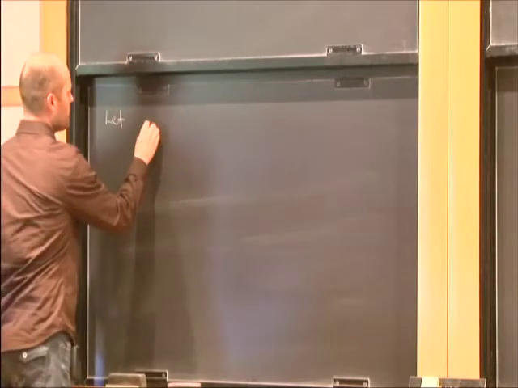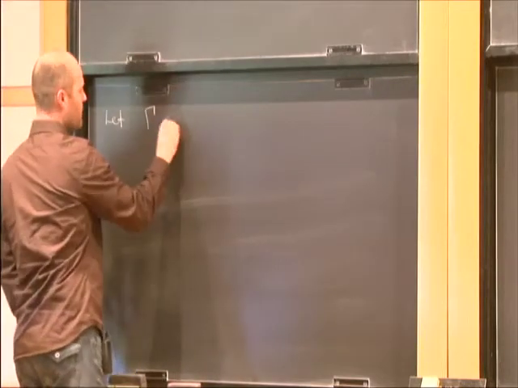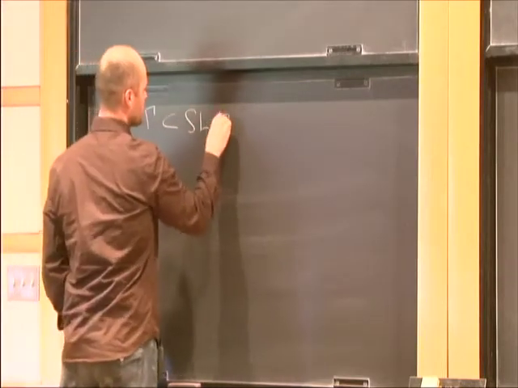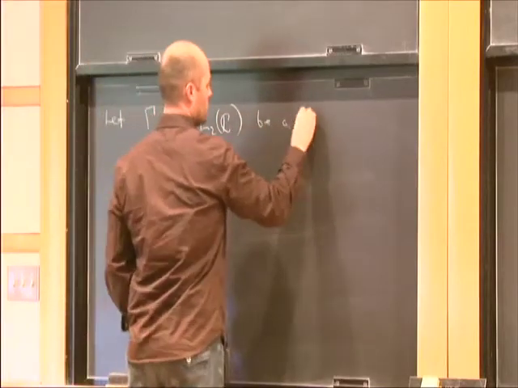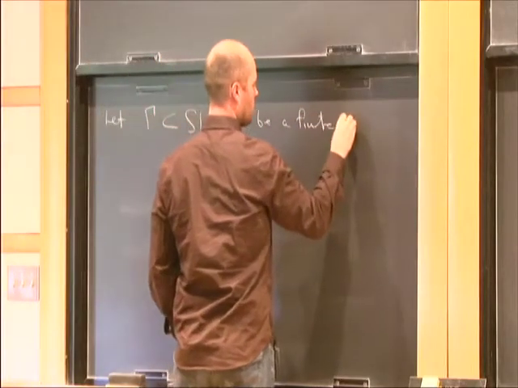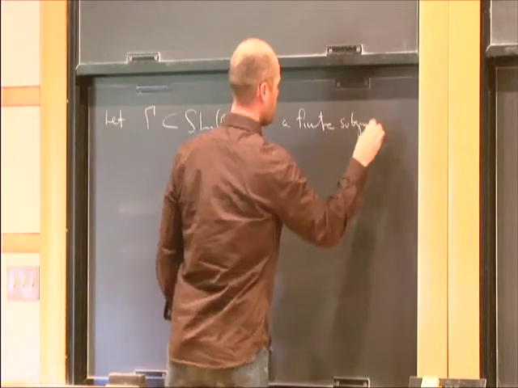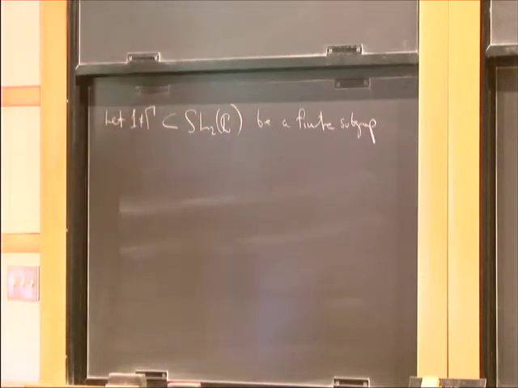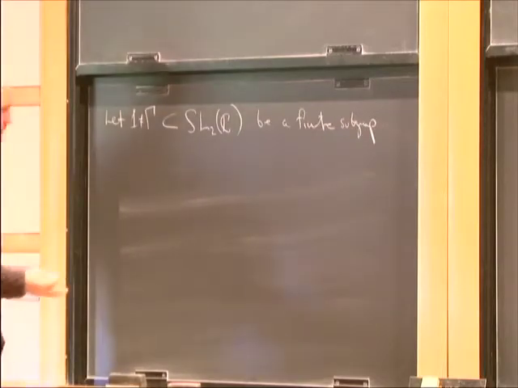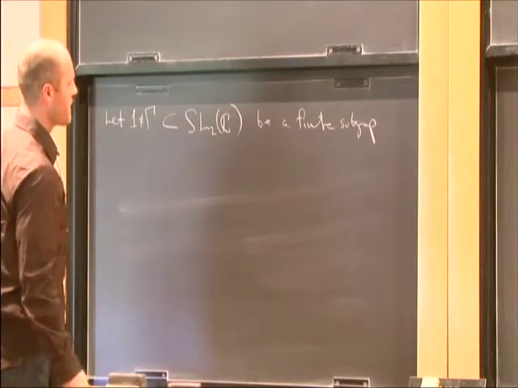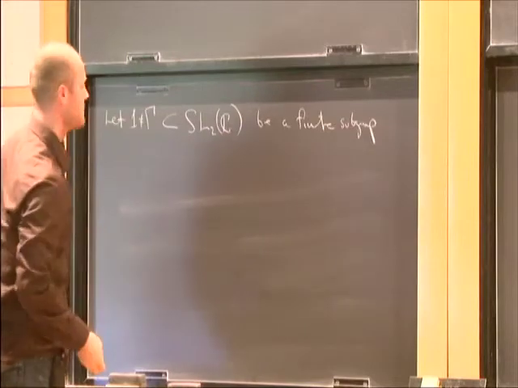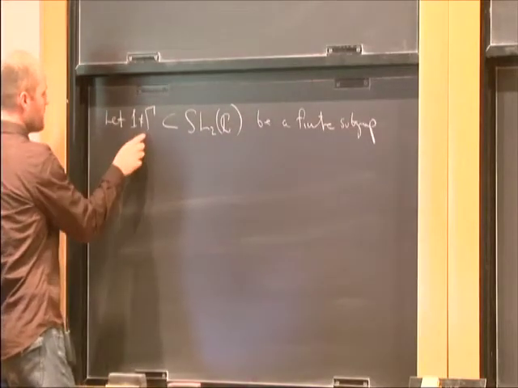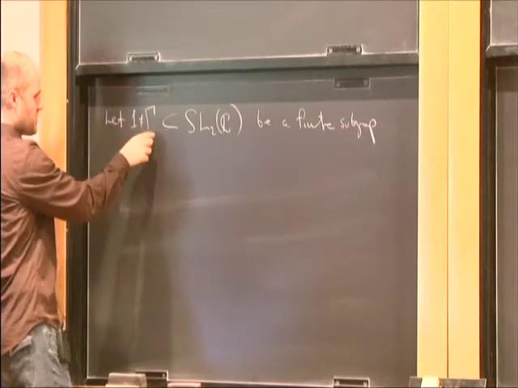So let's let gamma be a finite subgroup of SL2C, which for convenience I'll assume is not trivial. So the basic algebraic object, which will be the organizing player for the entire talk, is an infinite dimensional algebra called a Heisenberg algebra associated to gamma.